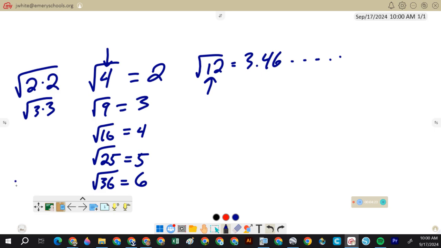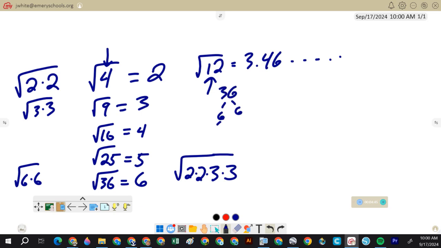And 36 is the square root of 6 times 6. But we can also write 36 as the square root of 2 times 2 times 3 times 3. Right? So if I take 36 and I factor it, 6 and 6, and I factor that, and I get 2 and 3 and 2 and 3, and then I just rearrange those, I get the square root of 2 times 2 times 3 times 3.